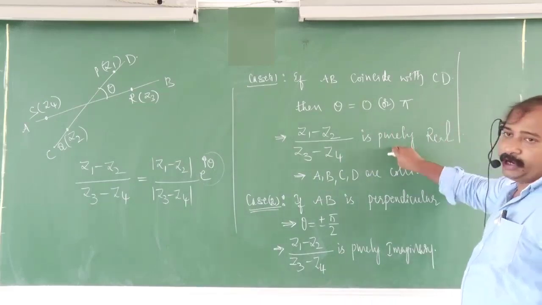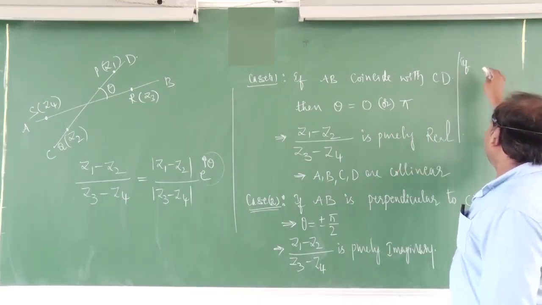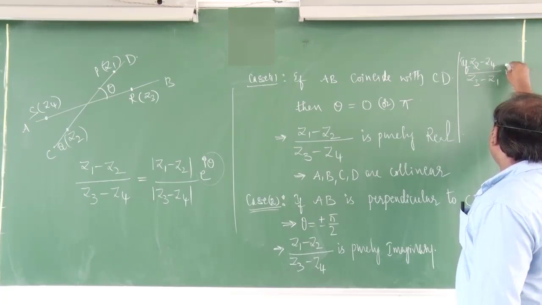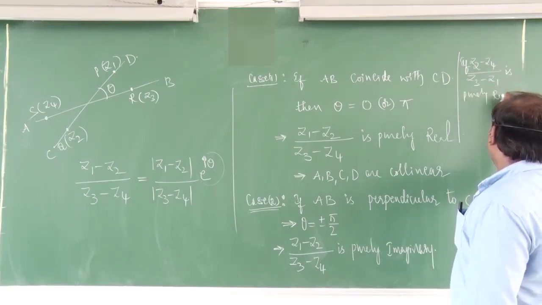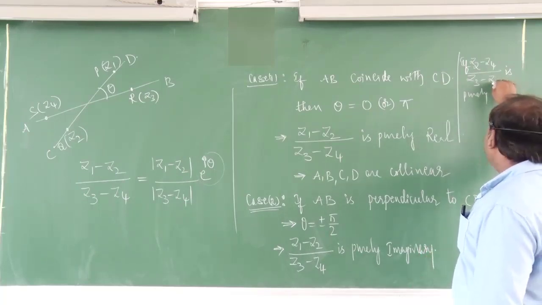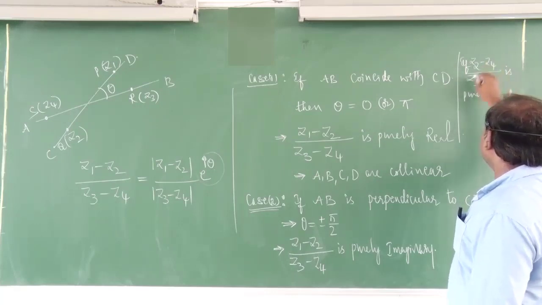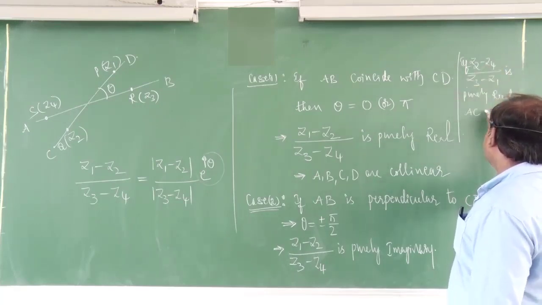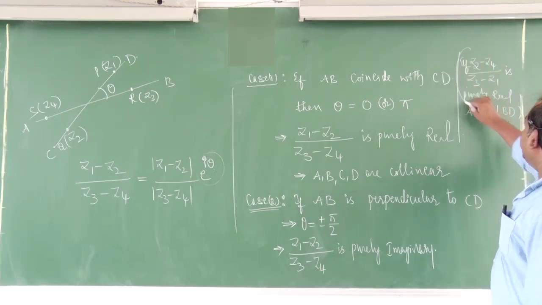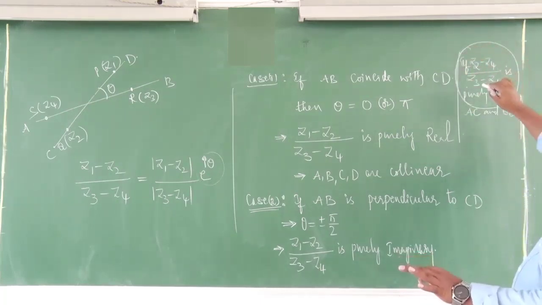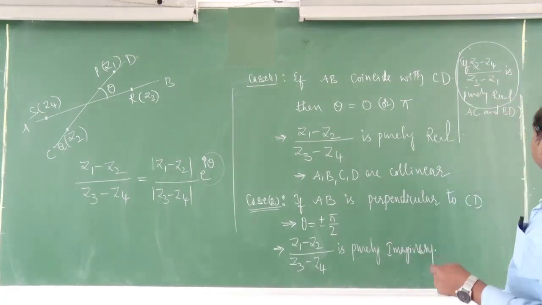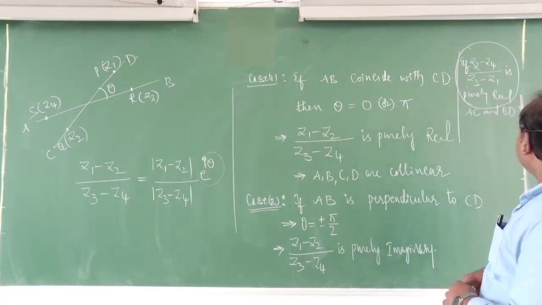For example, they will mention: if (Z2 minus Z4) by (Z3 minus Z1) is purely real, then what is the angle between AC and BD, if Z1 is represented by A, Z2 by B, Z3 by C, Z4 by D?